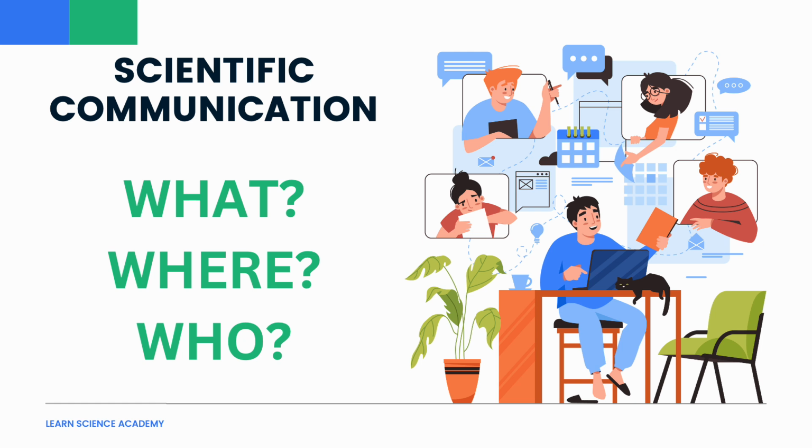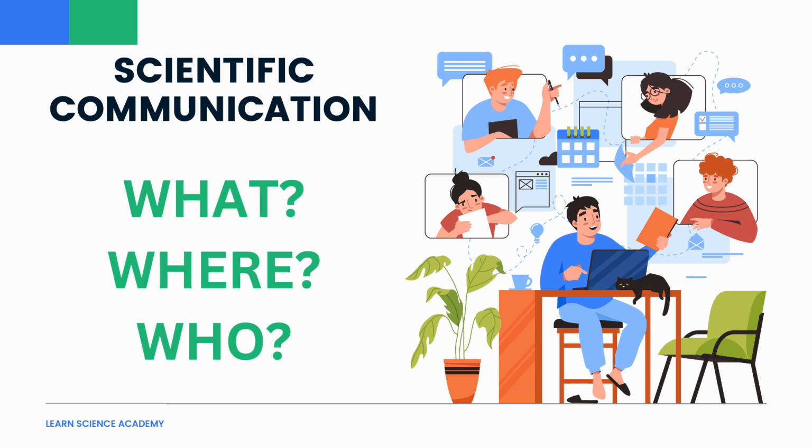Before we dive into today's agenda, let's pause for a moment of reflection. What, where, and who? These are the three crucial aspects of scientific communication. So now, take a moment to think about these questions. What are we communicating through scientific communication?